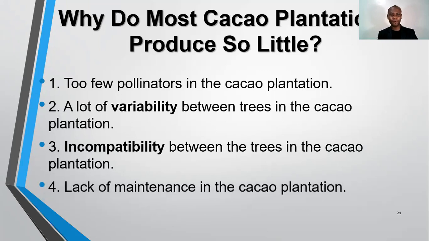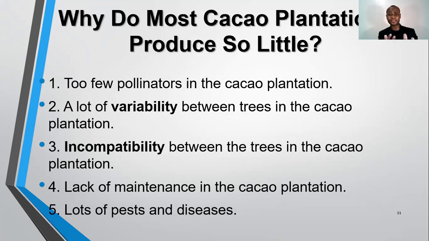And then number four, lack of maintenance of the farm. And then number five, a lot of disease and pest condition. So we are going to talk about some of these, especially variability and incompatibility. We'll talk a little more about that.